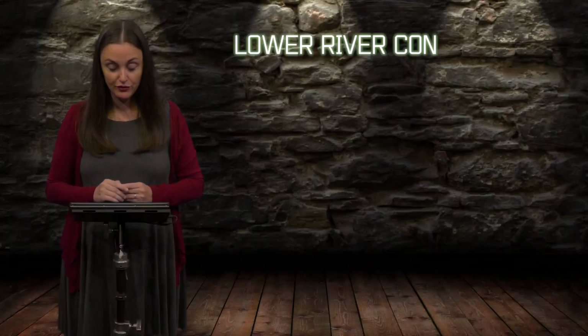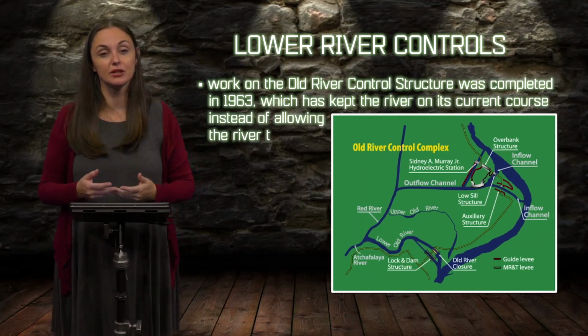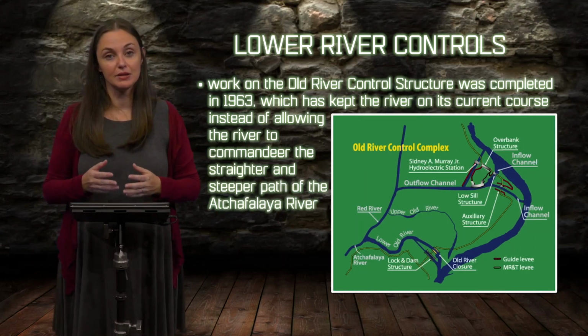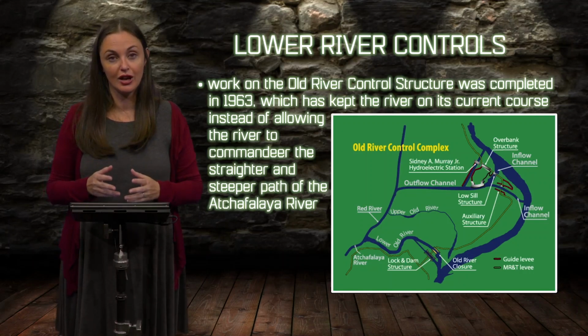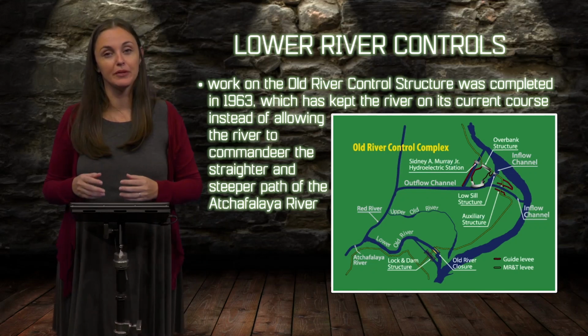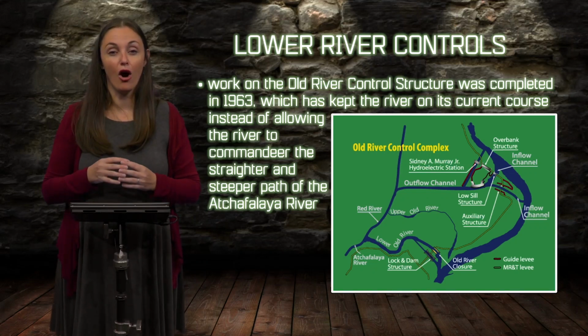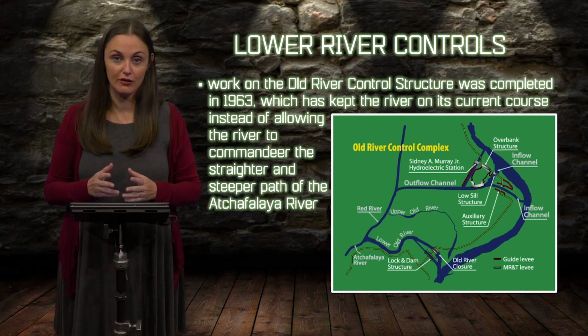So essentially, the Old River Control Structure was finished being completed in 1963, and since then it's actually been extremely successful in keeping the Mississippi River on its current course and not allowing it to completely dominate the Atchafalaya. So the way that this occurs is actually kind of interesting. We don't keep all of the water from going down the Atchafalaya.